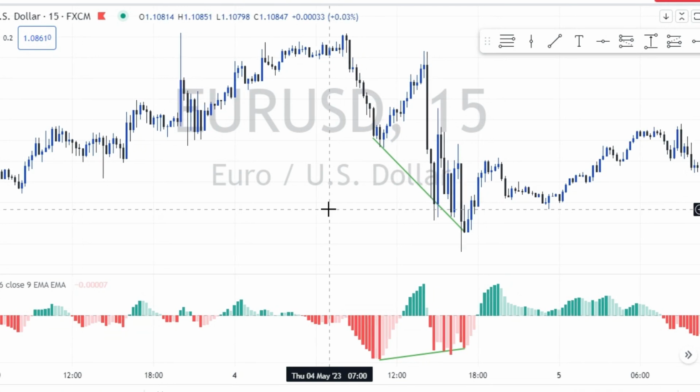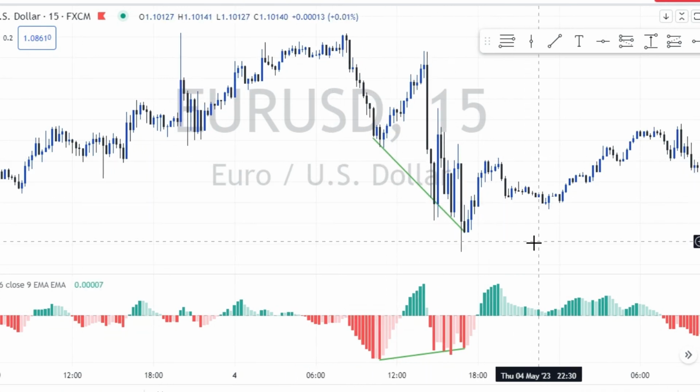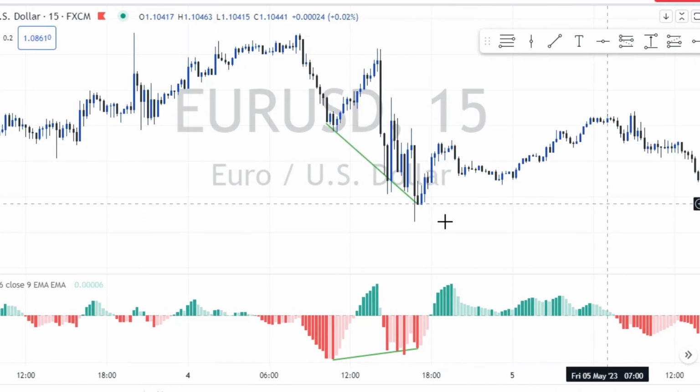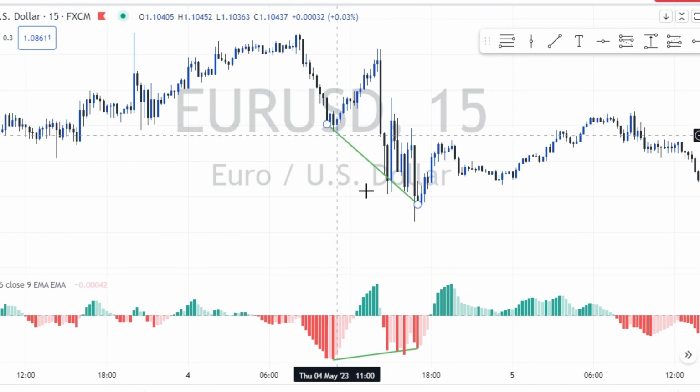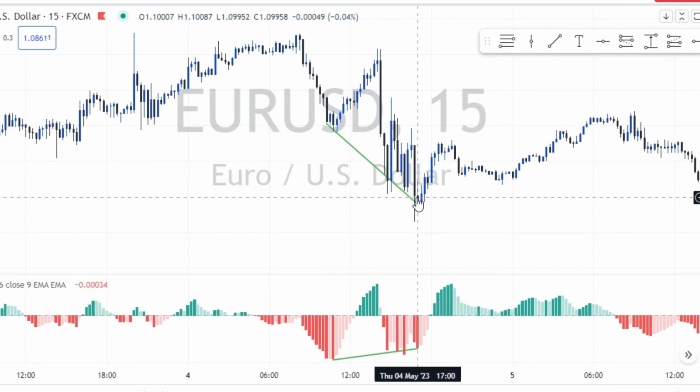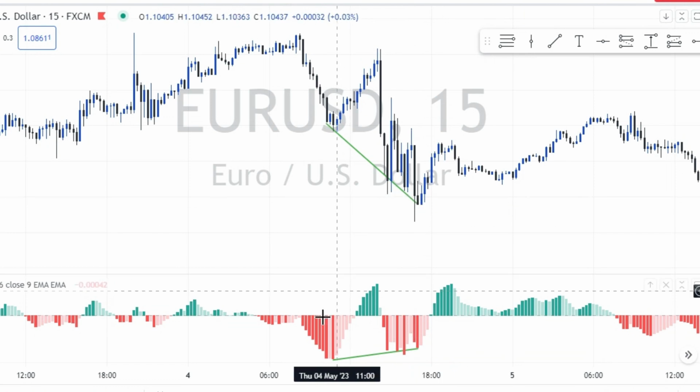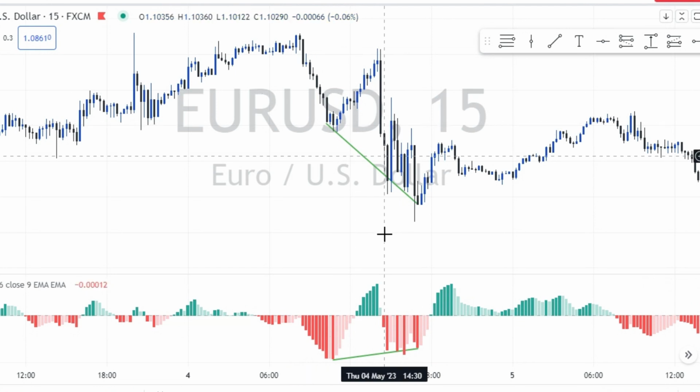So again here we have a bullish divergent. So we have our lower low here and a lower low here. Mind you, our MACD is the one which is giving us the true lower lows and true higher highs, right?